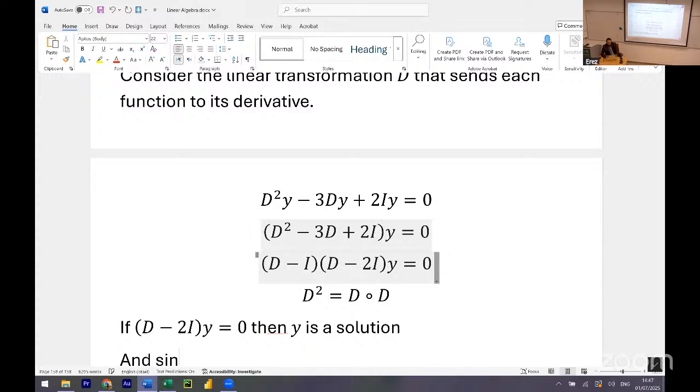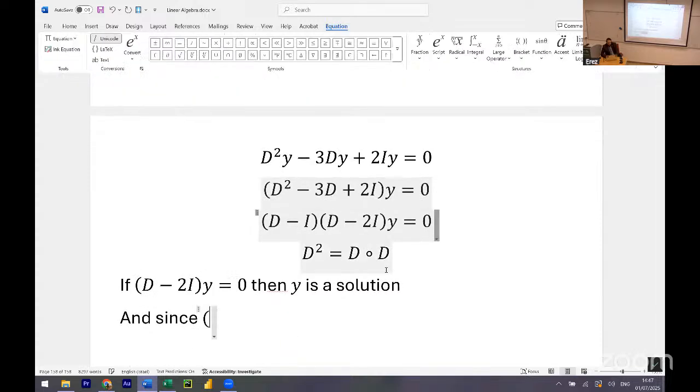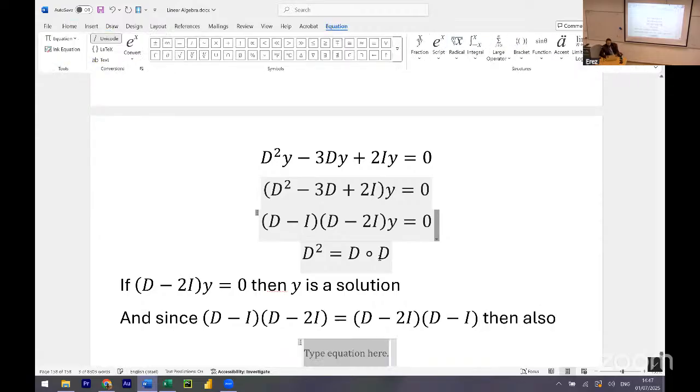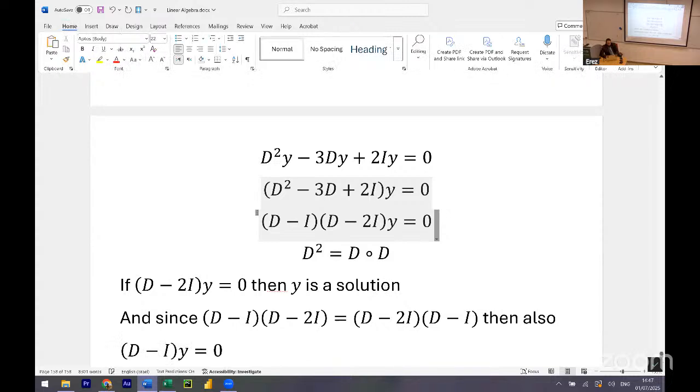And since D minus I times D minus 2I equals D minus 2I times D minus I, you're welcome to check it, but in this case it's commutative, then also if D minus I y equals 0, it gives a solution.